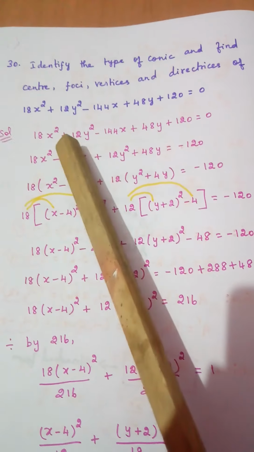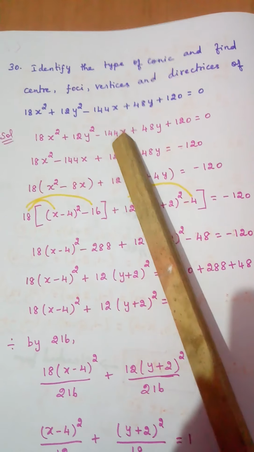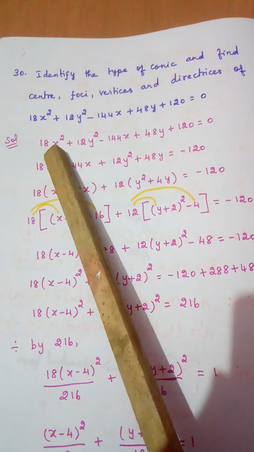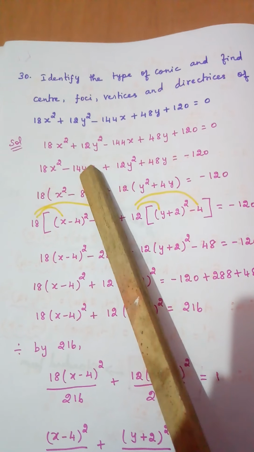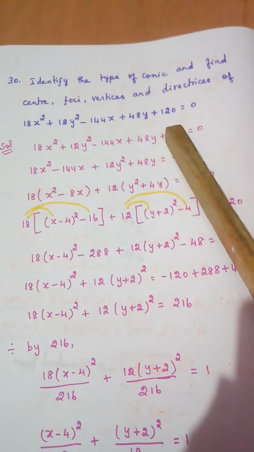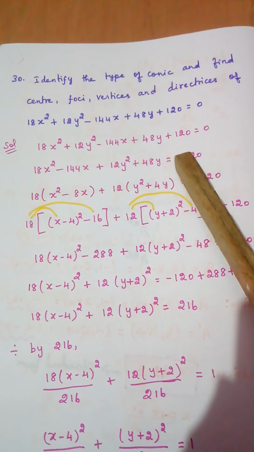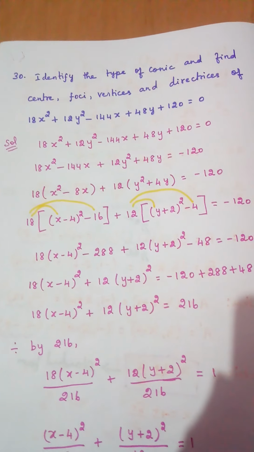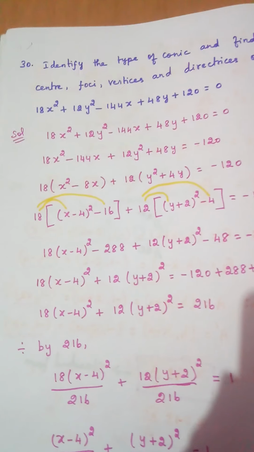With the x square term you combine the x term, and with the y square term combine the y term, and bring this constant to the other side and write it as minus 120. I think you will understand this.